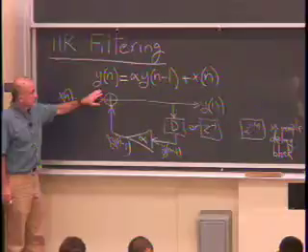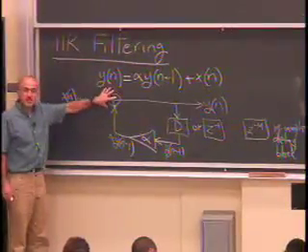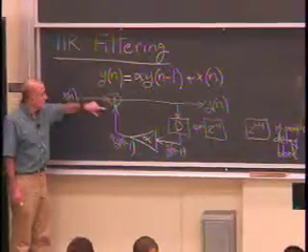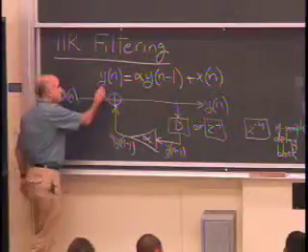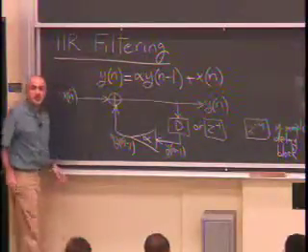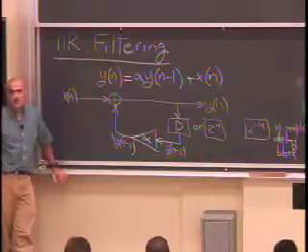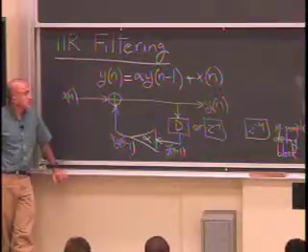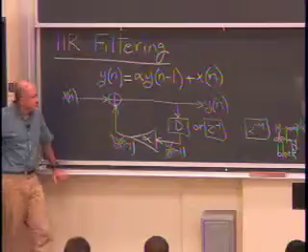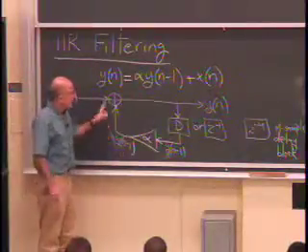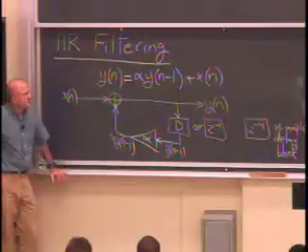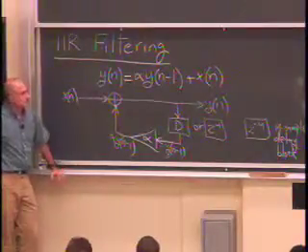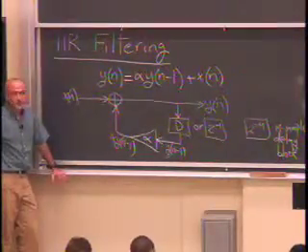If I don't put anything around this adder block, you can assume that they're being added together. Sometimes we put a plus on one, minus on another, in which case you'll know which one is getting subtracted from what. But essentially, this is a delay, adder, gain block diagram representation for this. Actually, I think that was part B of the exercise I'd given you at the end of the last lecture.